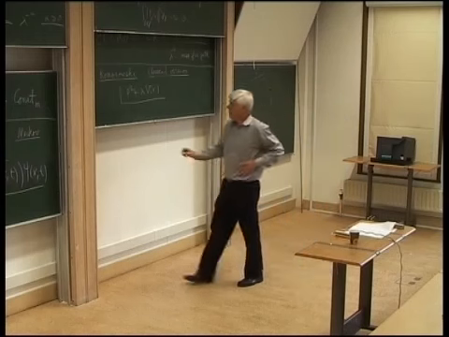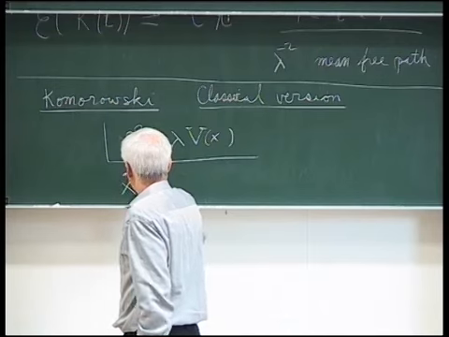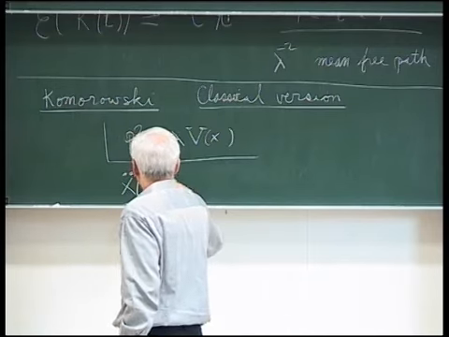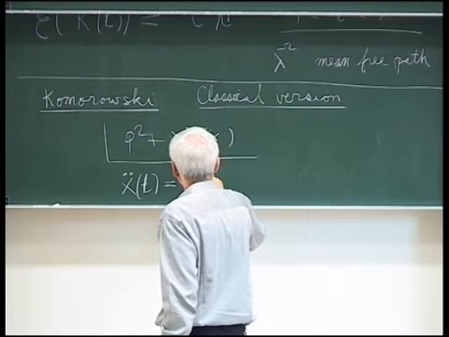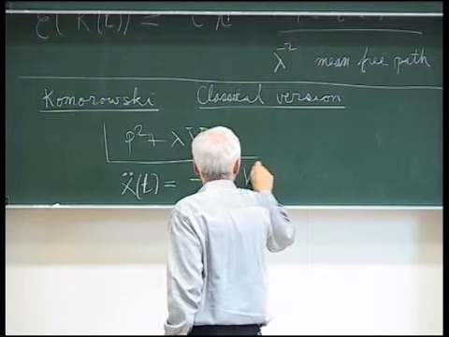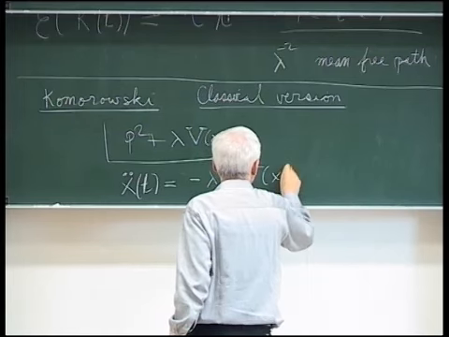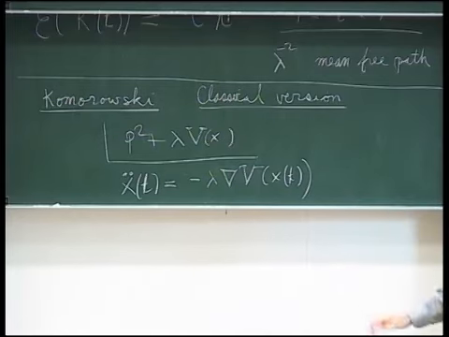So roughly speaking, I will have x double dot of t equals, let's see, minus lambda gradient of v of x of t. I just write down the Hamilton equations, here in vector form.